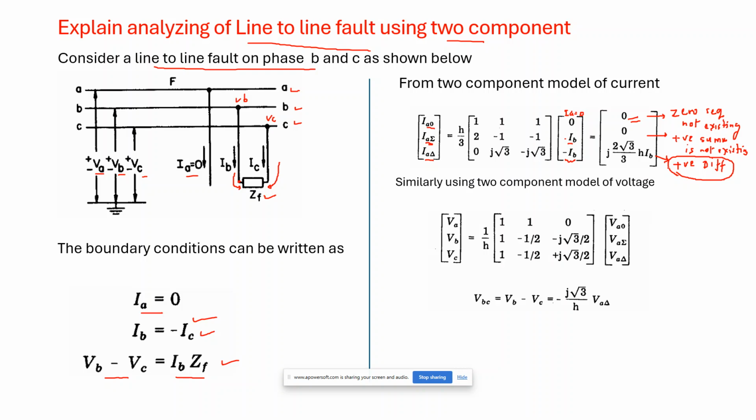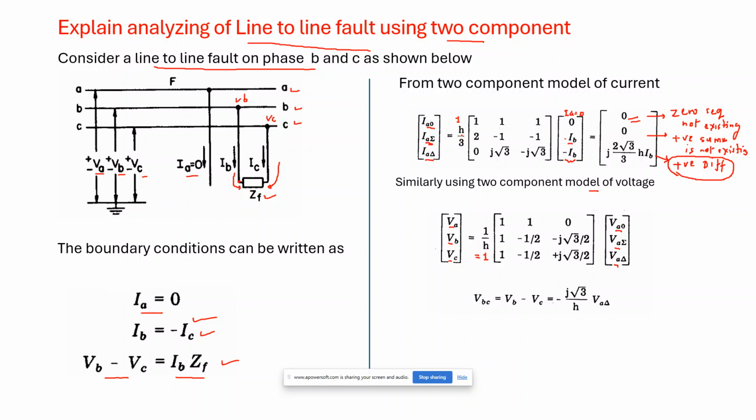Now, similarly using two component model of voltage. So this is a two component model in terms of voltage. So here we have VA, VB, VC, and VA naught, VA summation, and VA delta. Now here one point to be noted, as already told, H can be taken as 1. Here also H can be taken as 1.